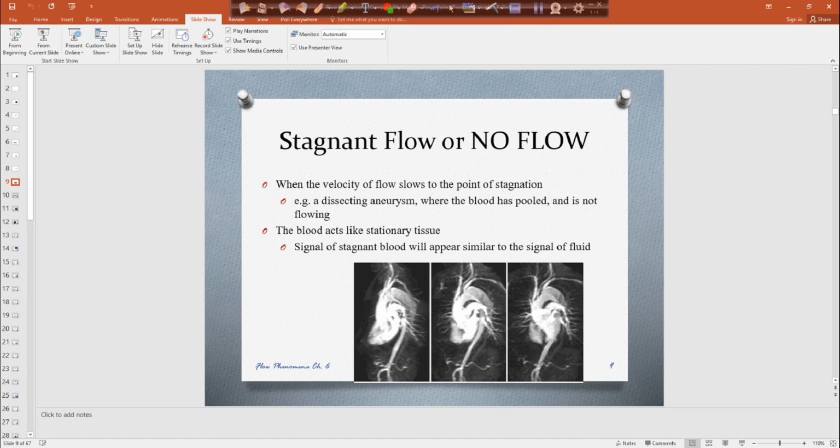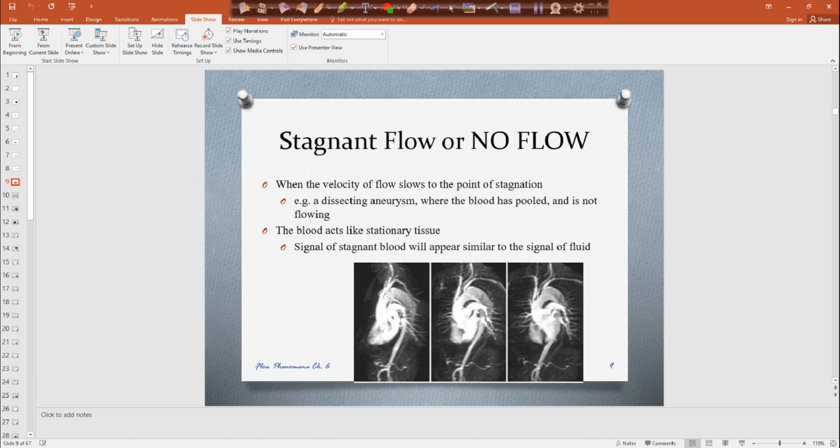So if it is T2 weighted, blood that's been pooled, what's it going to look like? T2 weighted. Blood that is just sitting there, not moving. Dark. No, it's going to be bright, just like CSF, as in the brain, the ventricles, and around the spinal cord, and also like urine in the bladder.